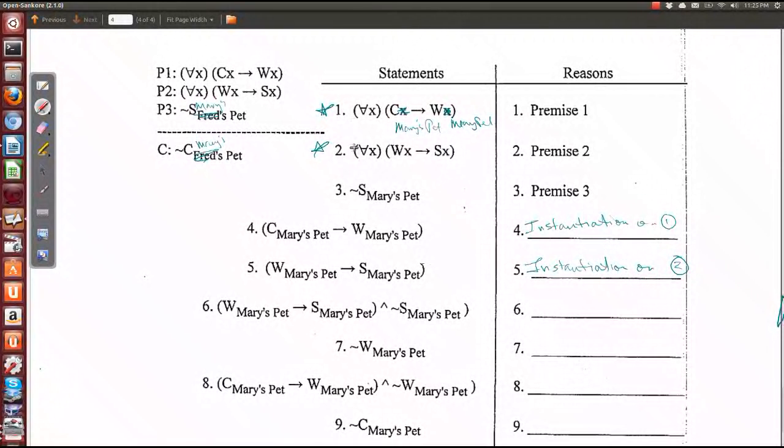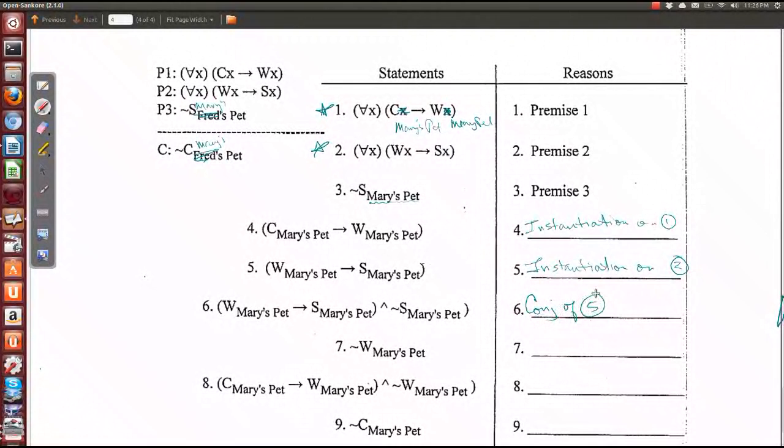And that uses up steps 1 and 2, but that also gives me things that match what I've got here with this third premise. Negation S, Mary's pet. And I'm going to put this together with statement 5, because statement 5 deals with S, Mary's pet.